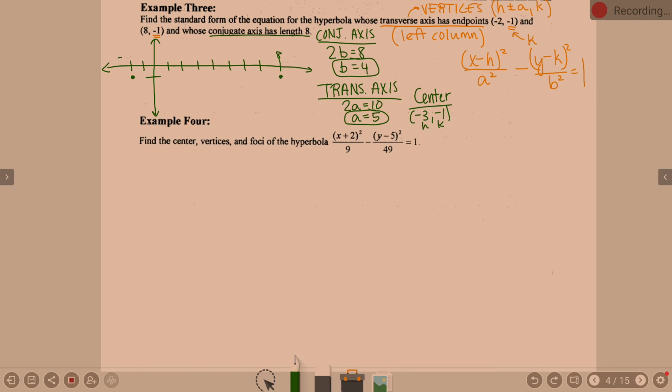Some of you might need that visual, because it reinforces how far apart they are: 10 apart, right? When I start counting in from the vertices, 1, 2, 3, 4, 5, I land in the middle. So it's 3.